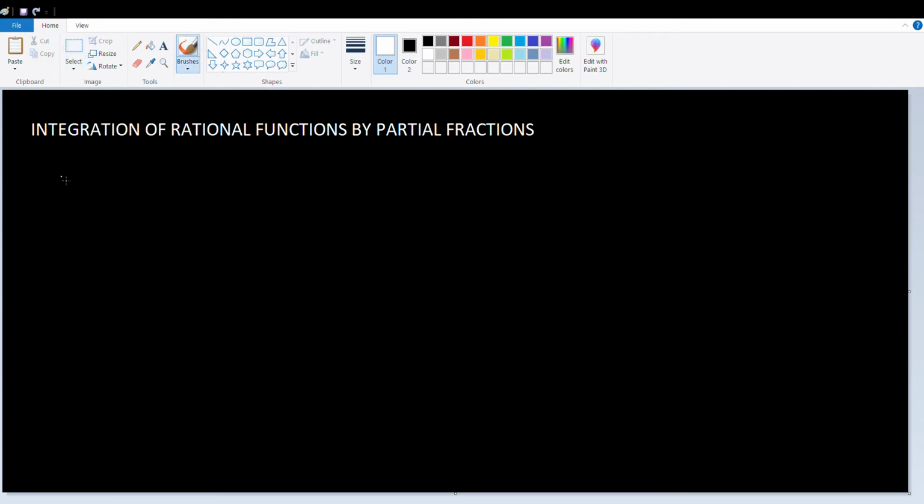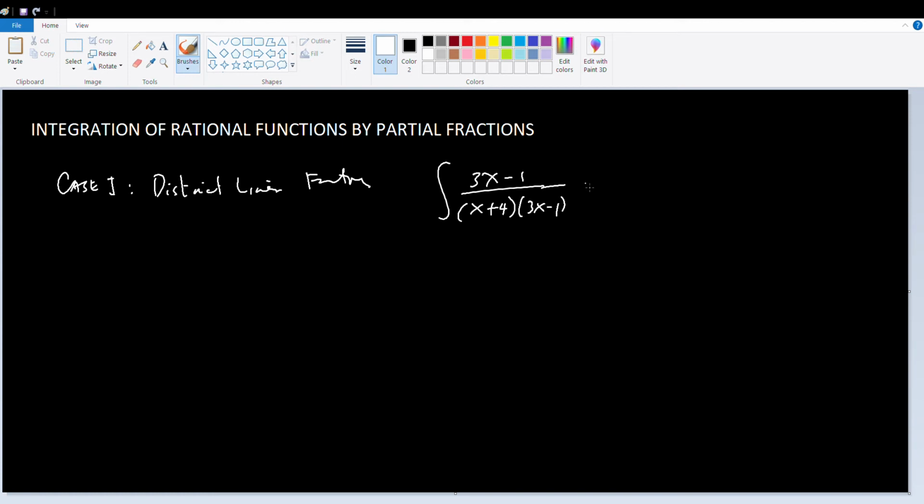The first case is when you have distinct linear factors in the denominator. For example, you have 3x minus 1 all over (x plus 4)(3x minus 1). The factors in the denominator are linear and distinct.